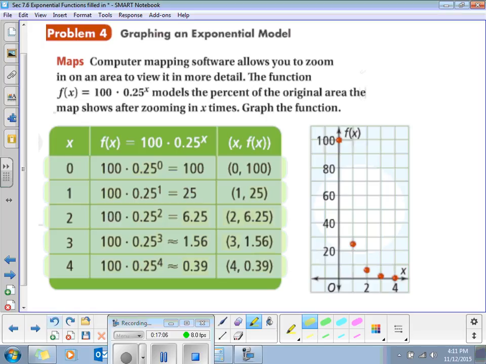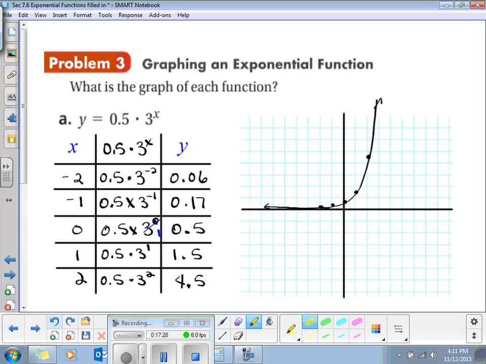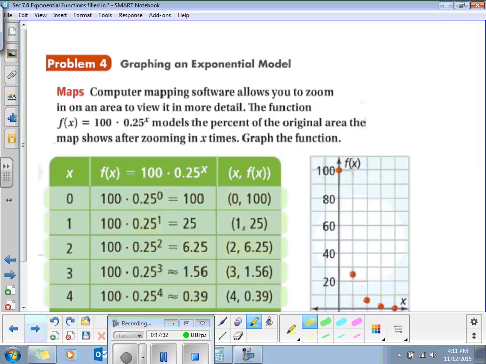Graph the function. So here, the initial value is 100%. You will see that the initial value is our A.